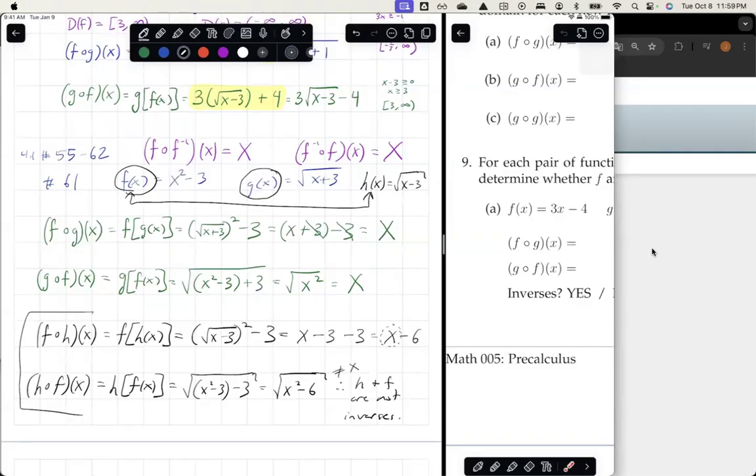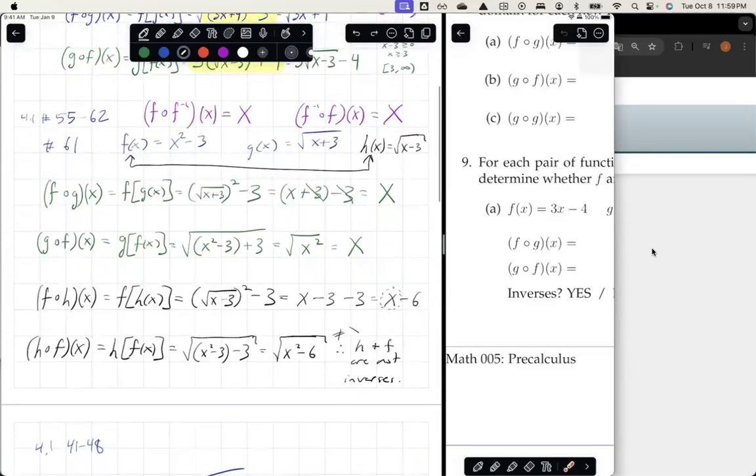But if you know that there's a unique inverse, then we can say h will definitely not be an inverse of f, because f only has one inverse, and it was the function square root of x plus 3. All right, but we've proven it here. If you get anything other than x, like an x minus 6 or anything other than x, then the two functions that you composed are not inverses.